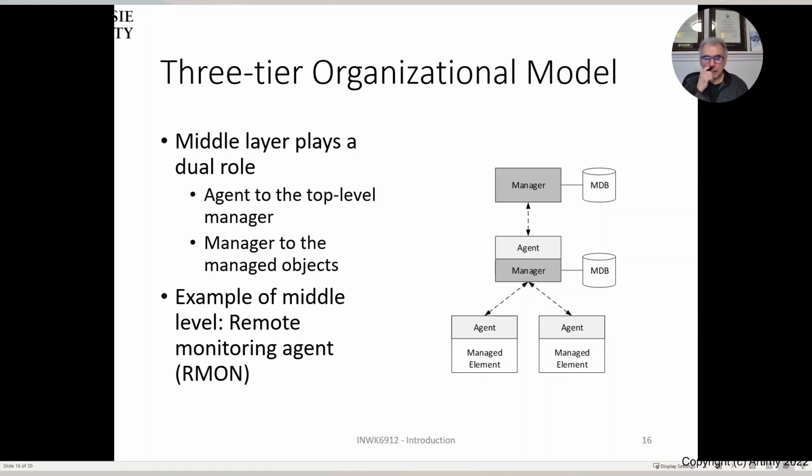It may still collect all the detailed information: packets, CPU, temperature, all of that. It just relies on the middle tier managers to collect information first and then maybe send them in bulk to the top tier manager.